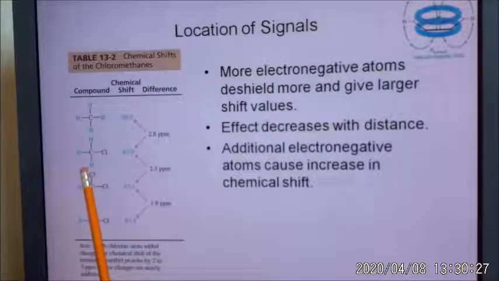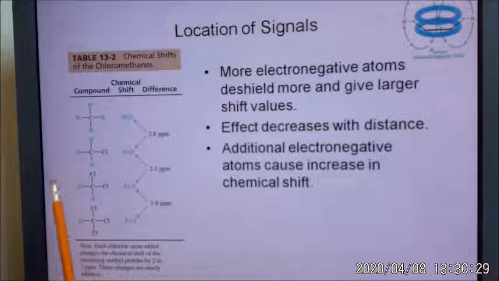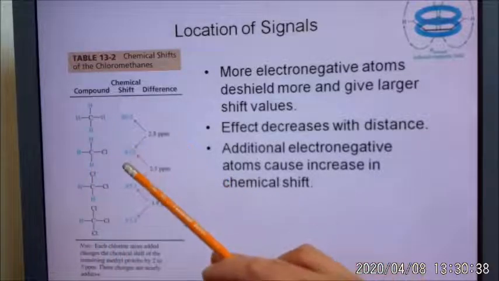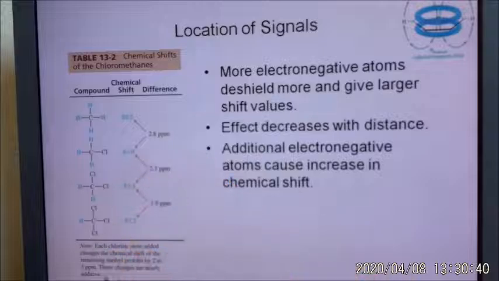Then if you see something higher, then you know that there's some electronegative atom on that carbon that's pulling the electrons away from the hydrogens and de-shielding it. So you can see that 1 chlorine moves it from 0.2 to 3. 2 chlorines on that same carbon has a huge effect still.